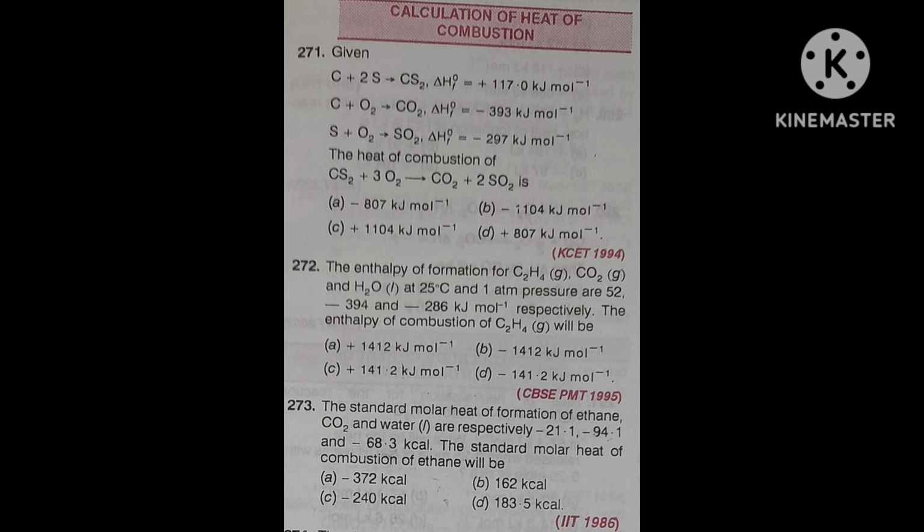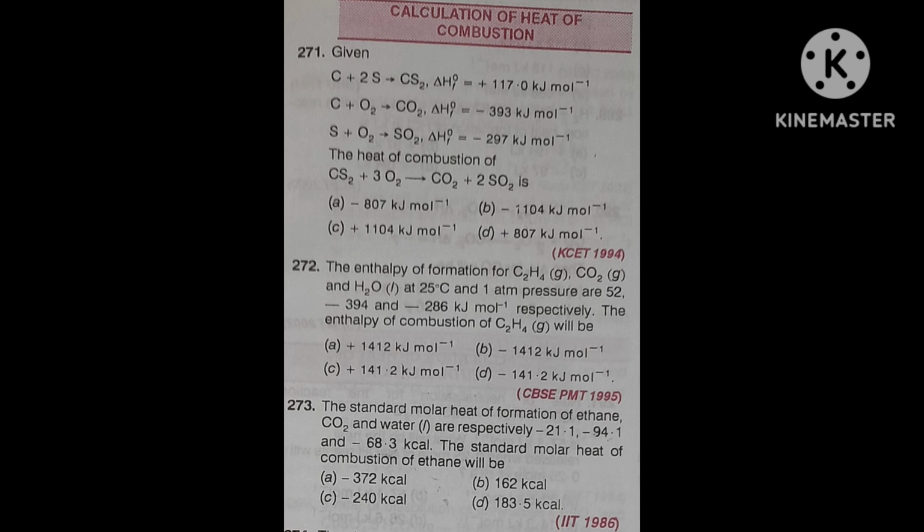After that, minus reactant: standard delta HF of C2H4 plus 3 into the value for O2. That is not given, so you have to apply your mind. 3 into standard delta HF of O2, here only you have to think.